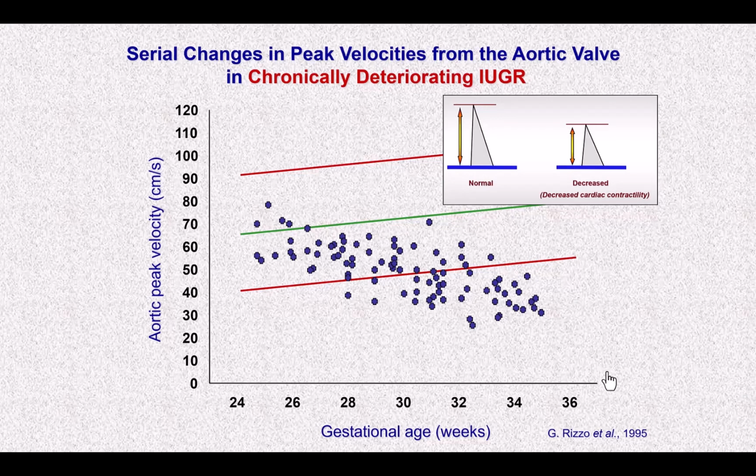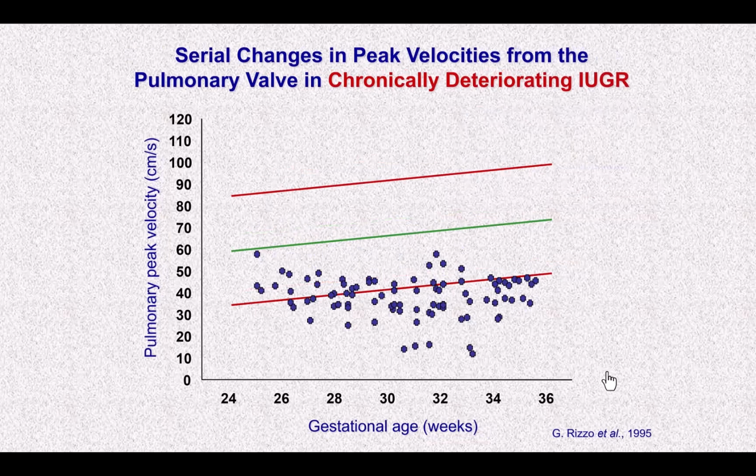And the meaning of decreased peak velocity in the aortic valve is decreased cardiac contractility. This is the situation that characterizes these IUGR fetuses in the decompensating phase. The same happens in the pulmonary valve, obviously, and the reason is the same.